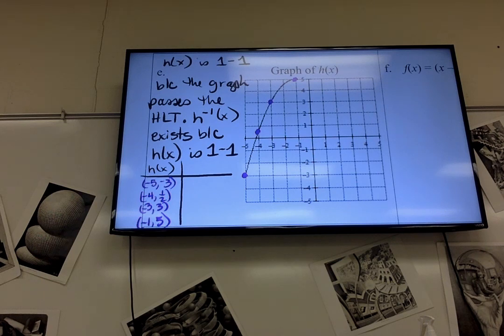And so since it's 1 to 1, it has an inverse. Does anybody remember or watched yesterday and know what an inverse does? Yeah. It flip-flops x's and y's. Puts the y's where the x's are, puts the x's where the y's are.